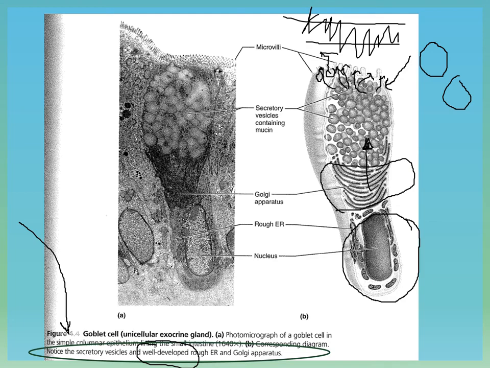Here is the brains, here is the code in the nucleus, sorry about my writing, to create lysozyme. The code then gets replicated and sent to the ribosomes to be made into lysozyme, and then to the Golgi bodies to be packaged into these vesicles ready to be secreted.